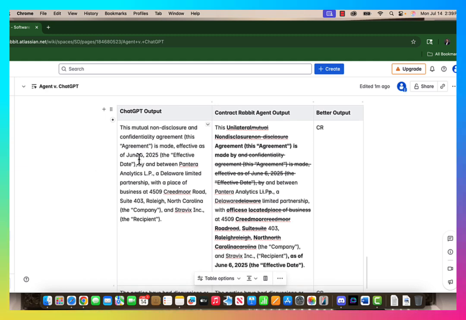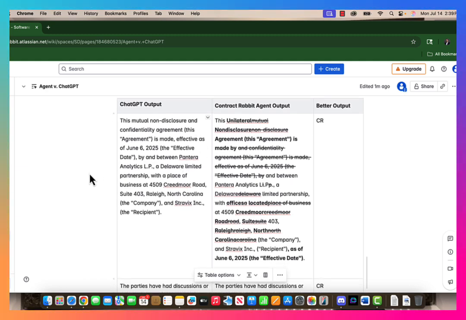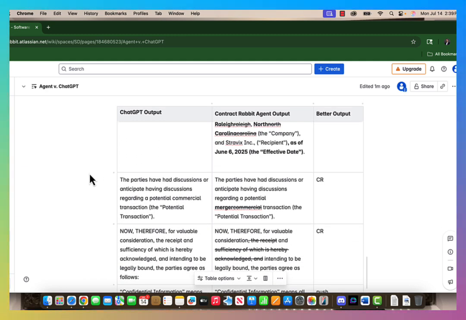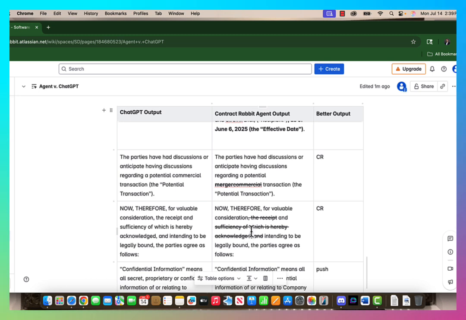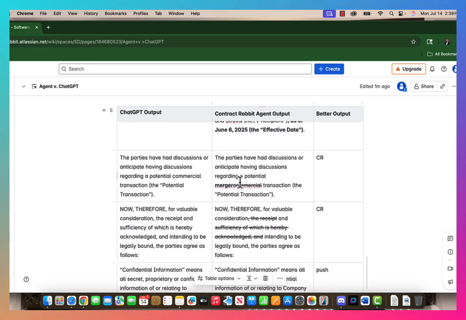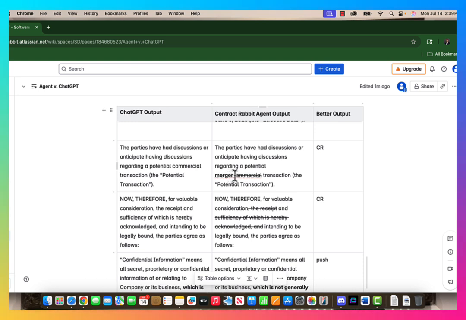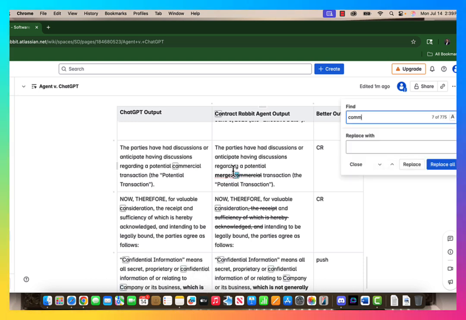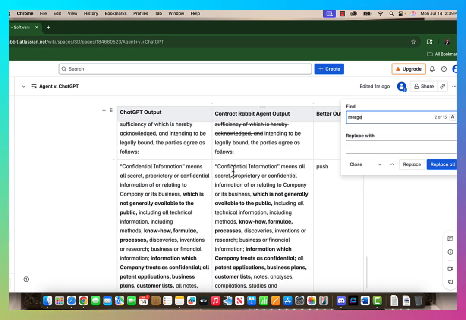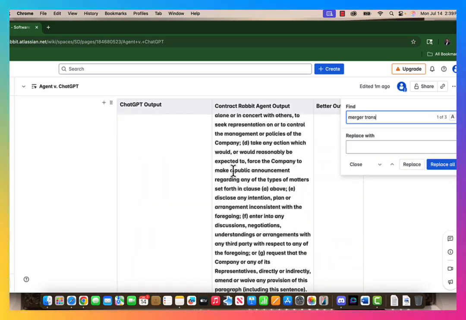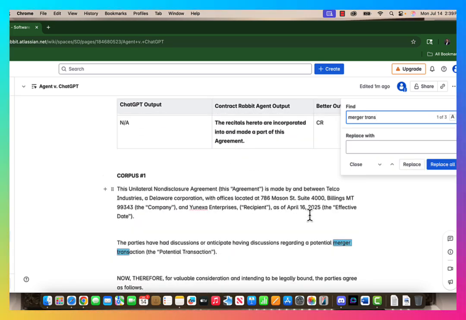So you can see these first couple of sentences in the preamble. ChatGPT didn't change them at all, and ours does make some small but I would say important changes that tie out to the precedent documents. And I listed them all at the bottom of this document so we can see where this language comes from.